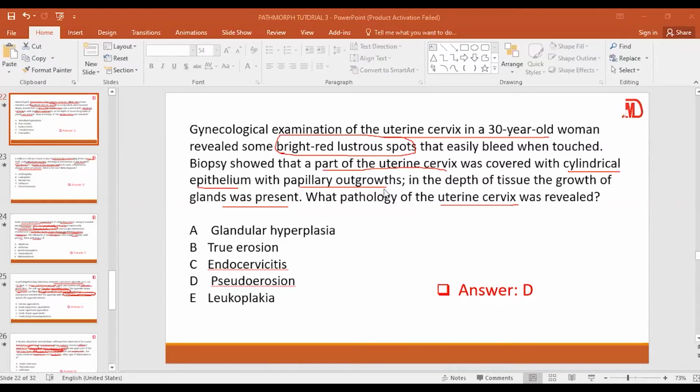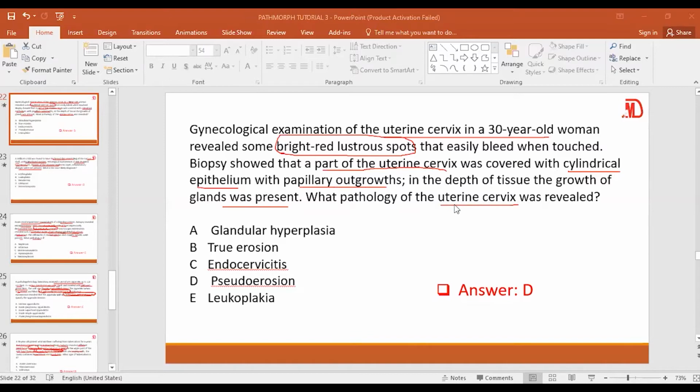And in the depth of the tissue, the growth of glands was present. What pathology of the uterine cervix was revealed?